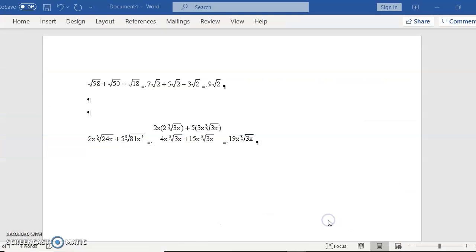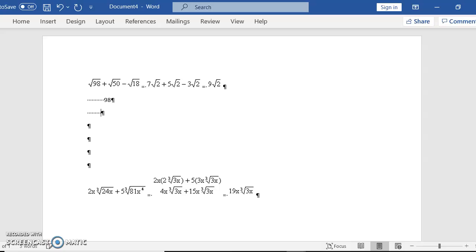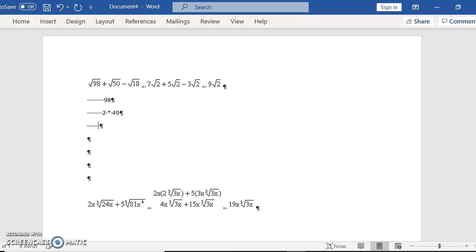Let's look at my Word document here. The first thing that you need to do is the factorization. So how did it get this information here? Well, let's go ahead and take a look. So 98. I'm doing my factorization: 2 going into 98 is 49, then 7 times 7.